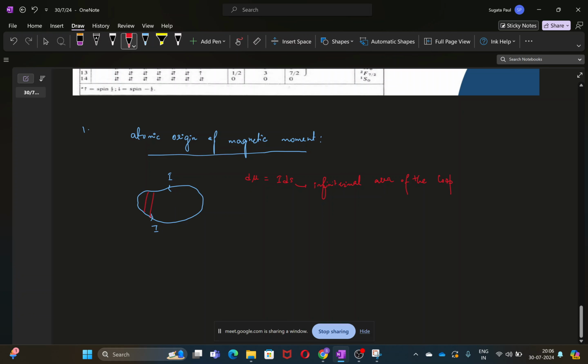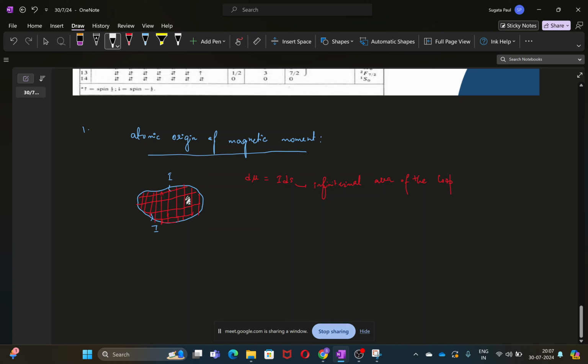Let us draw something. We can always divide the whole loop into many small infinitesimal parts like this. If you try to divide it blockwise, in my drawing they may not look uniform, but you can assume that these are uniform blocks drawn by these lines inside the loop.